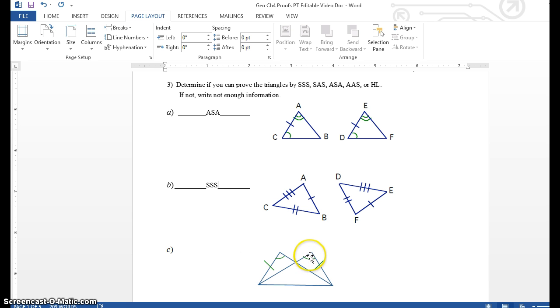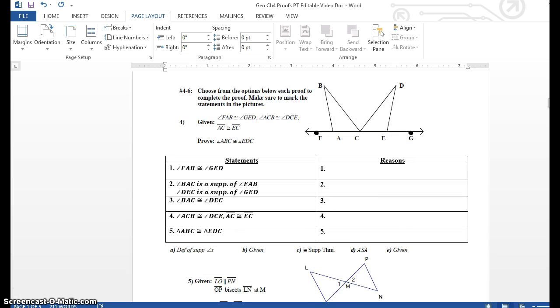If we follow the pattern, this is A, S, S. Ooh, make sure you don't touch that. This is not enough information. Alright, there we go.